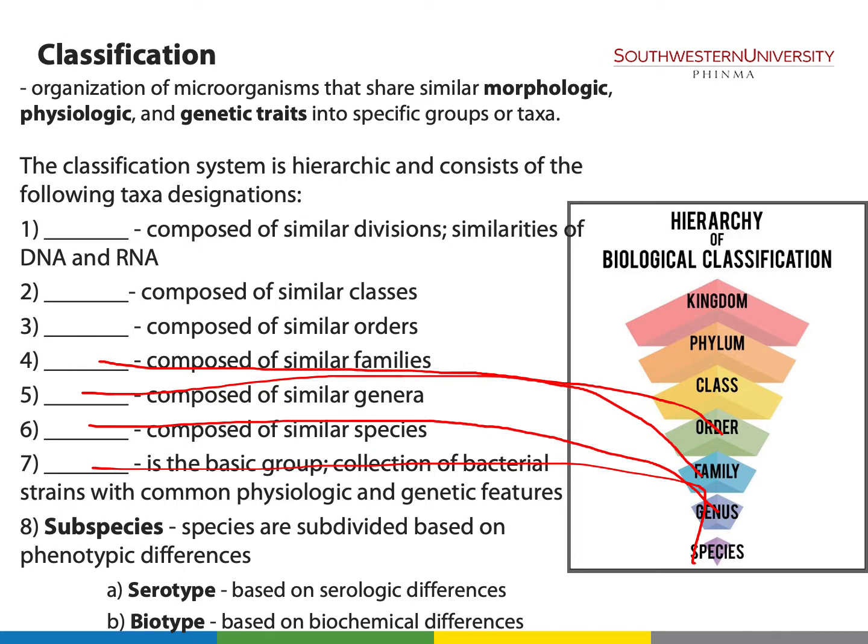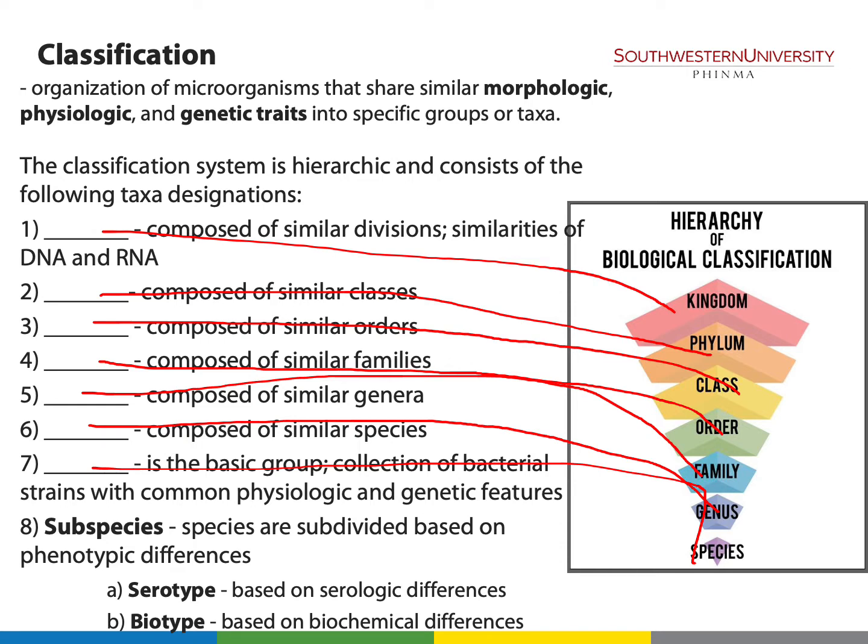Composed of similar orders is known as class. A group of similar classes is called phylum, or in some textbooks, you have division. And composed of similar divisions which have similar DNA and RNA is known as kingdom. So these are your hierarchy of biological classification.